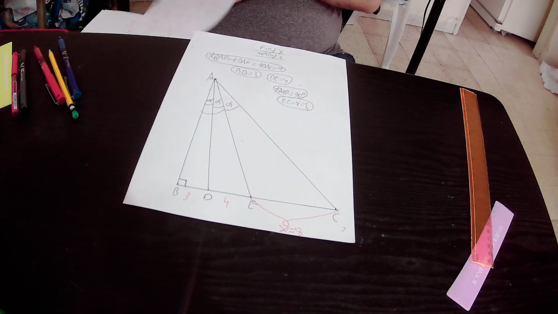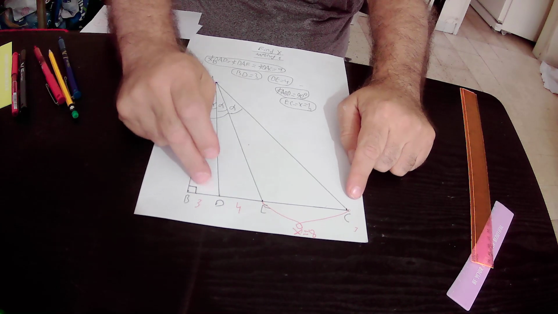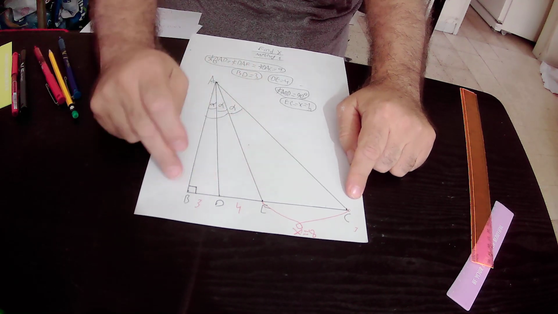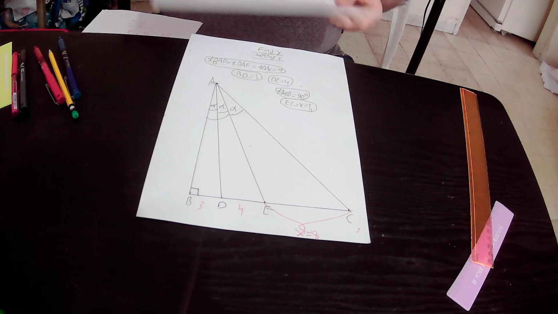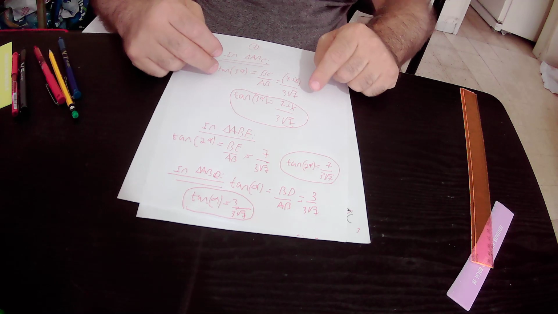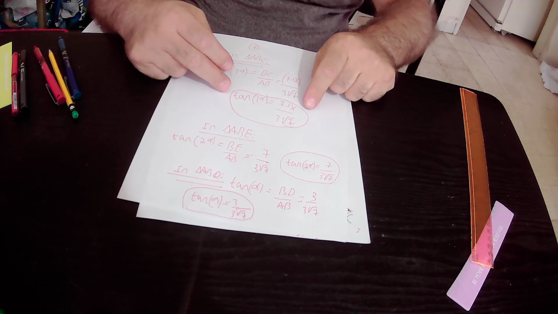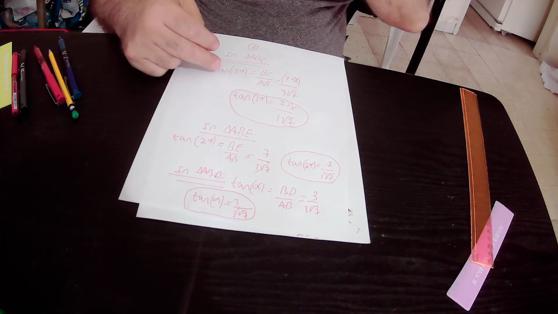But what is the value of BC? BC equals 3 plus 4 plus x, that is to say BC equals 7 plus x. And we have already found that AB equals 3 times root 7, so in total the value of tangent 3 alpha equals 7 plus x over 3 times root 7.